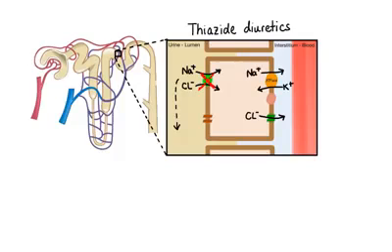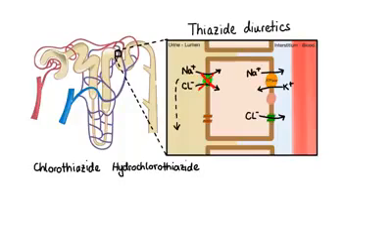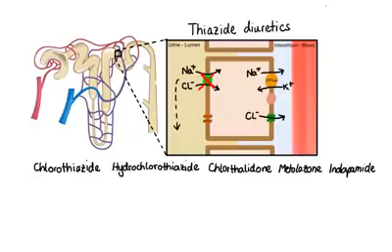Drugs that belong to this class include chlorothiazide and hydrochlorothiazide, which are structurally similar sulfonamide derivatives, and we also have chlorthalidone, metolazone, and indapamide, which are often referred to as thiazide-like drugs because they don't have a true thiazide ring but share the same mechanism of action.